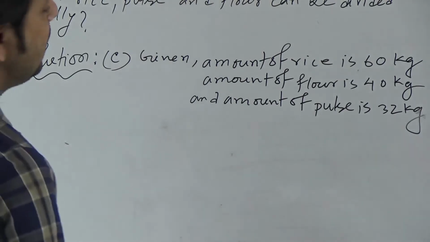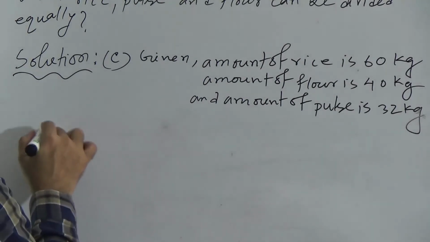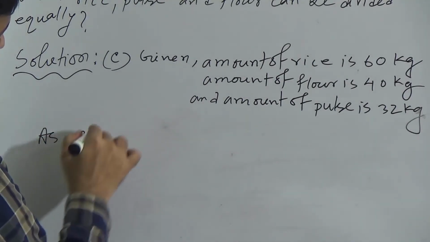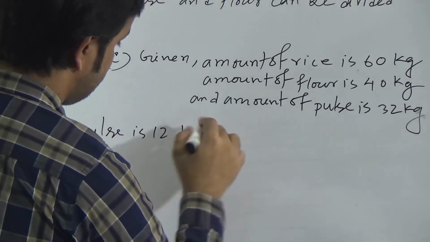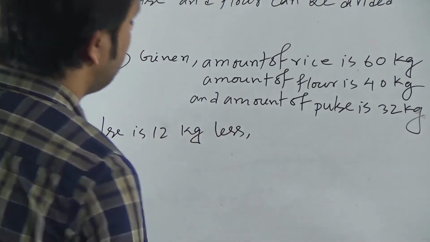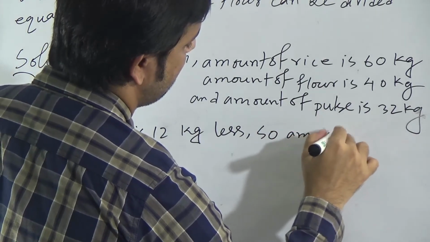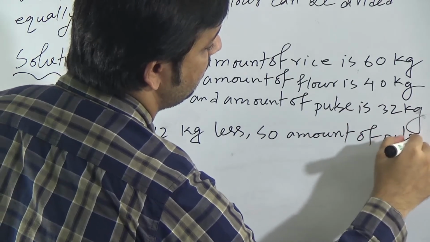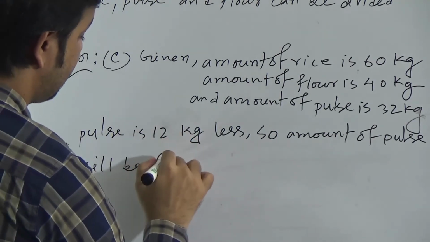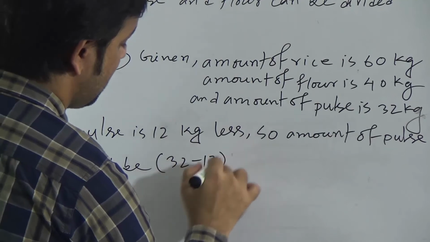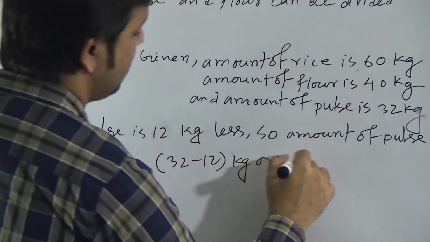Now as pulse is 12 kg less, the amount of pulse will be 32 kg minus 12 kg. If we subtract, we will get 20 kg.